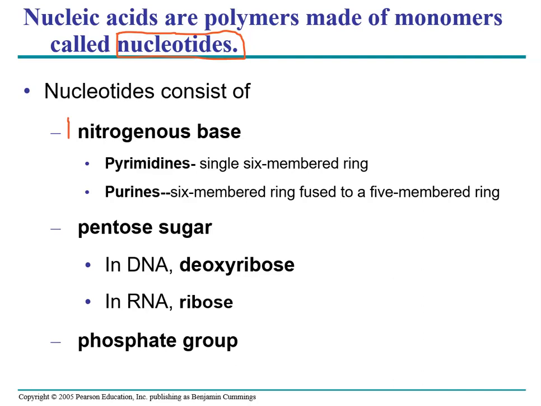One is a nitrogenous base. You've probably heard of the letters, or maybe you even know the full name. For now, I'm just going to give you the letters: A for adenine, T for thymine, G for guanine, C for cytosine.